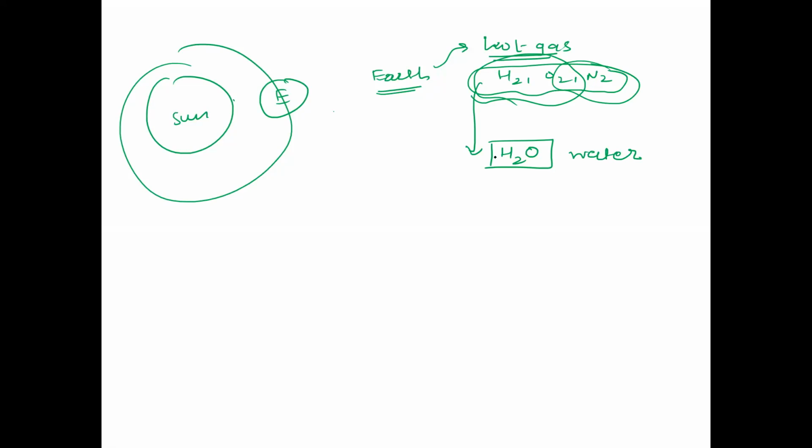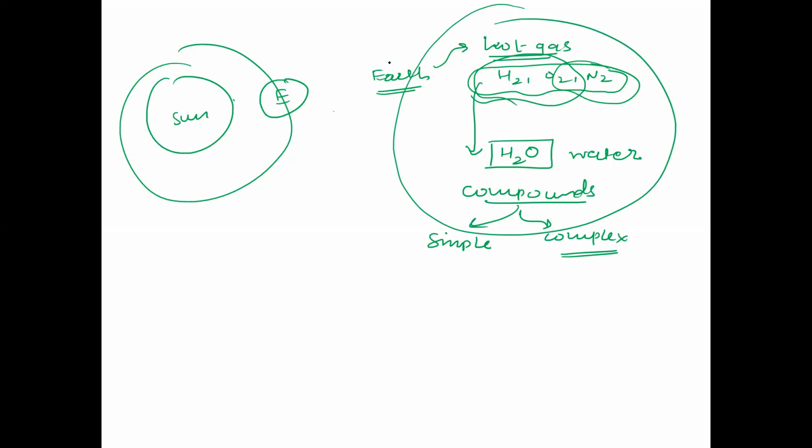And along with the water, all these chemicals must have formed compounds. What are the compounds that we know? Generally there are simple compounds or complex ones. So whatever complex chemicals or complex compounds are there, these are formed because of these gases or chemicals.